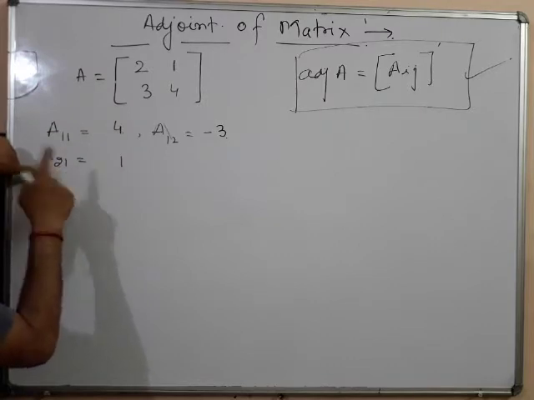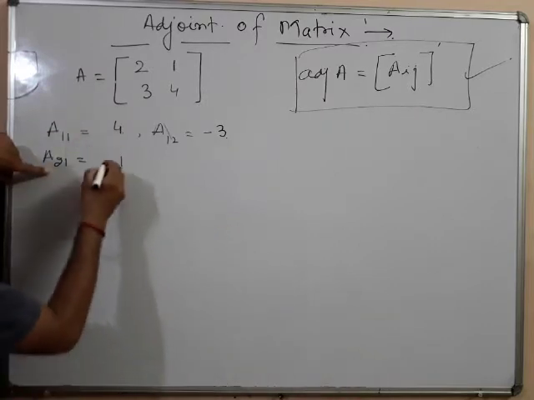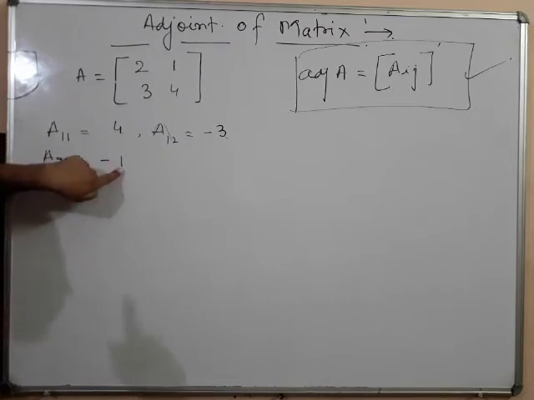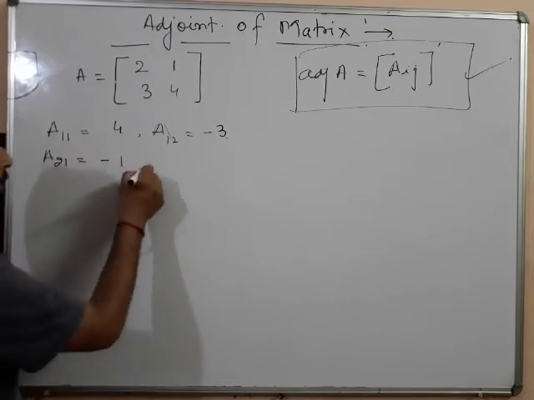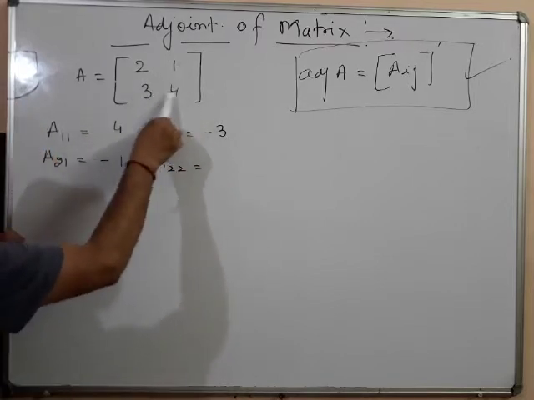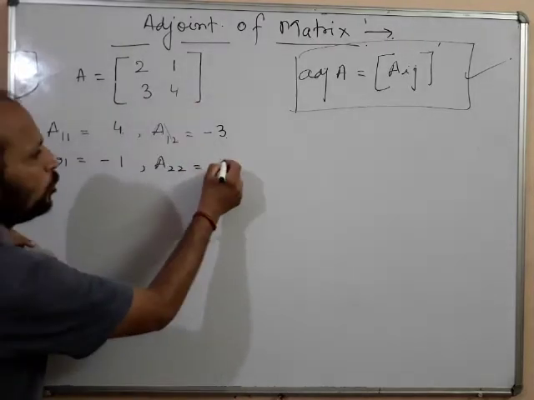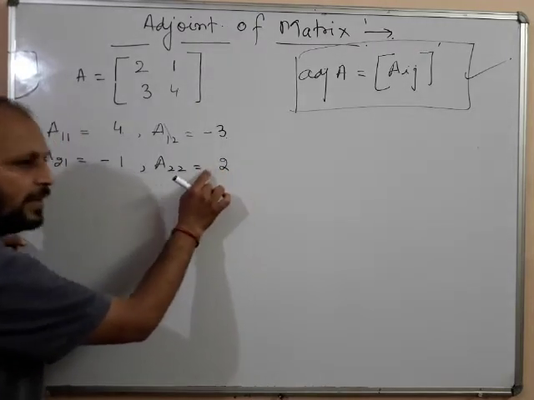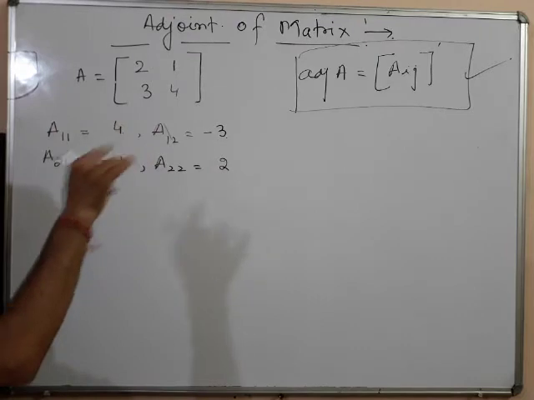Sum 2 plus 1 is 3. That is odd. Odd means minus. We have to multiply that particular value with the sign. Clear? A22, what is this? A22 is only 2. Sum is even, multiply by plus sign. Clear?